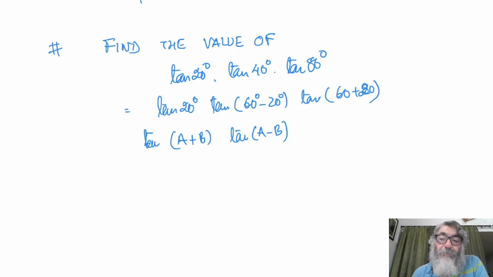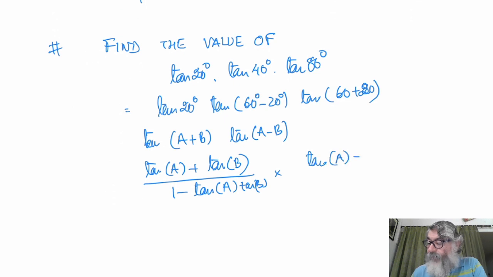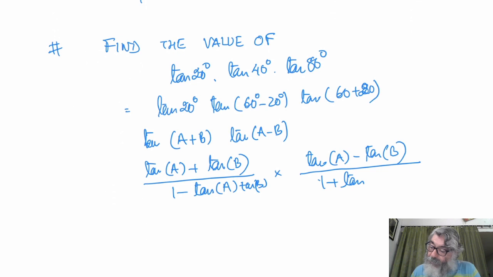You know what is the formula for this? tan(a plus b) is what? tan a plus tan b upon 1 minus tan a tan b, into tan a minus tan b upon 1 plus tan a into tan b.